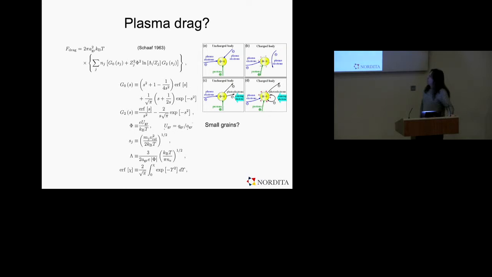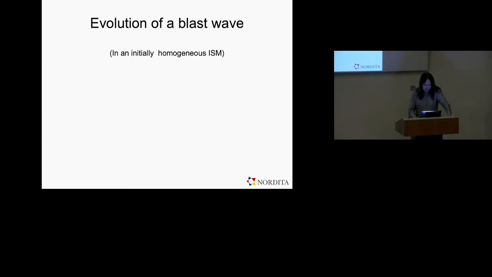We tried to implement this, and what we came up with in the end is that if you have small grains, they have this parameter called phi, which tells us that with small grains and not too large temperatures, then yes, you will have effects. But what we're simulating here is pretty large grains, something like a micron across, and quite high temperatures. So this effect turned out to be quite small, and what you see is mostly kinetic drag, in fact.